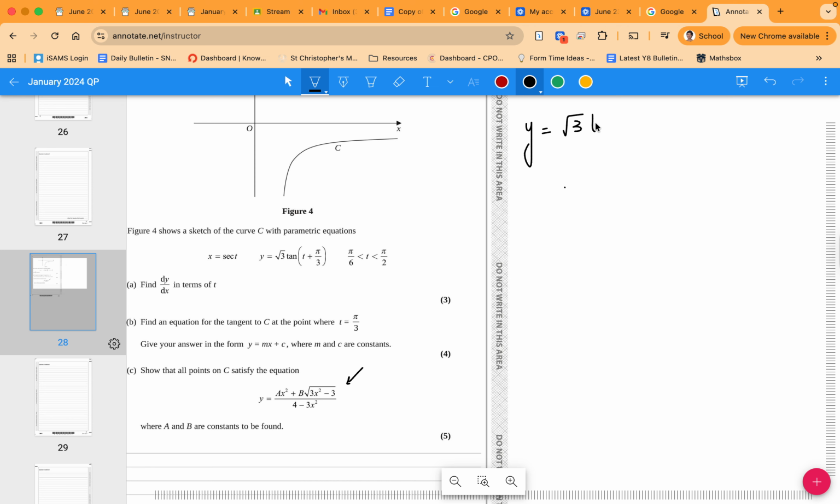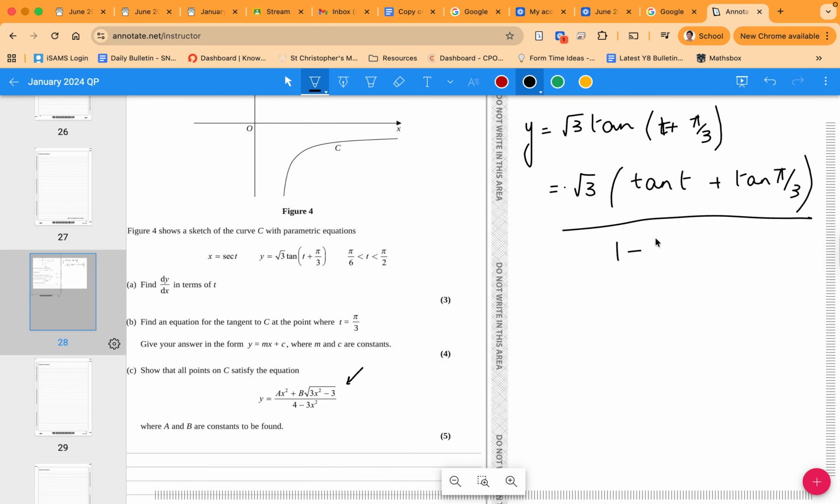So this is tan of t plus pi by 3. Let's open this up. So tan a plus tan b, root 3 remains here, tan a plus tan b, and then it'll be 1 minus tan a tan b. Okay, so let's keep it like that, and then we go on to see what we can do with the x.